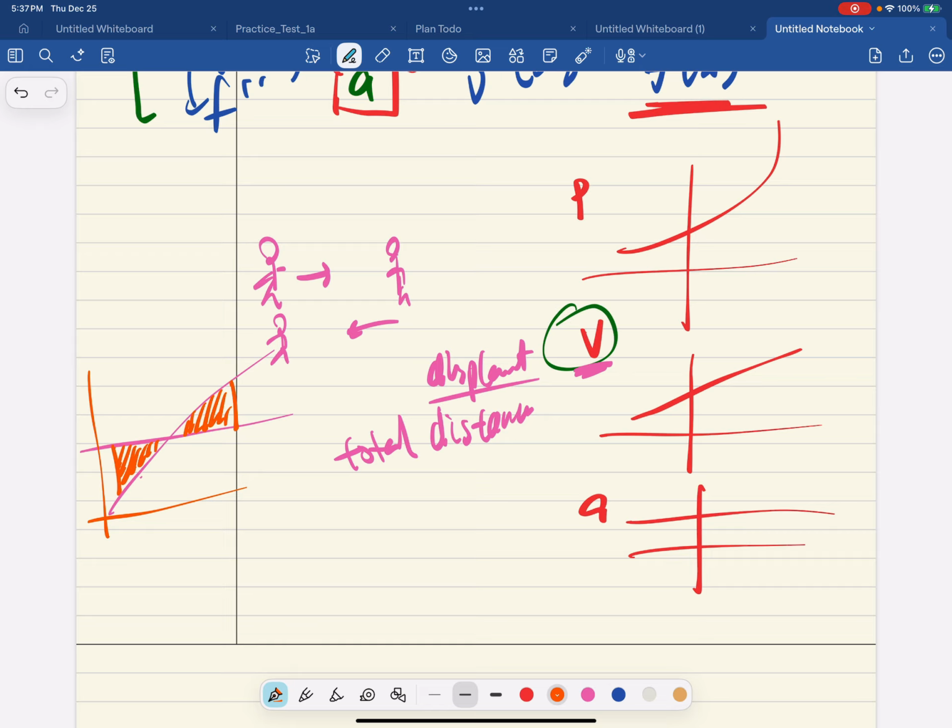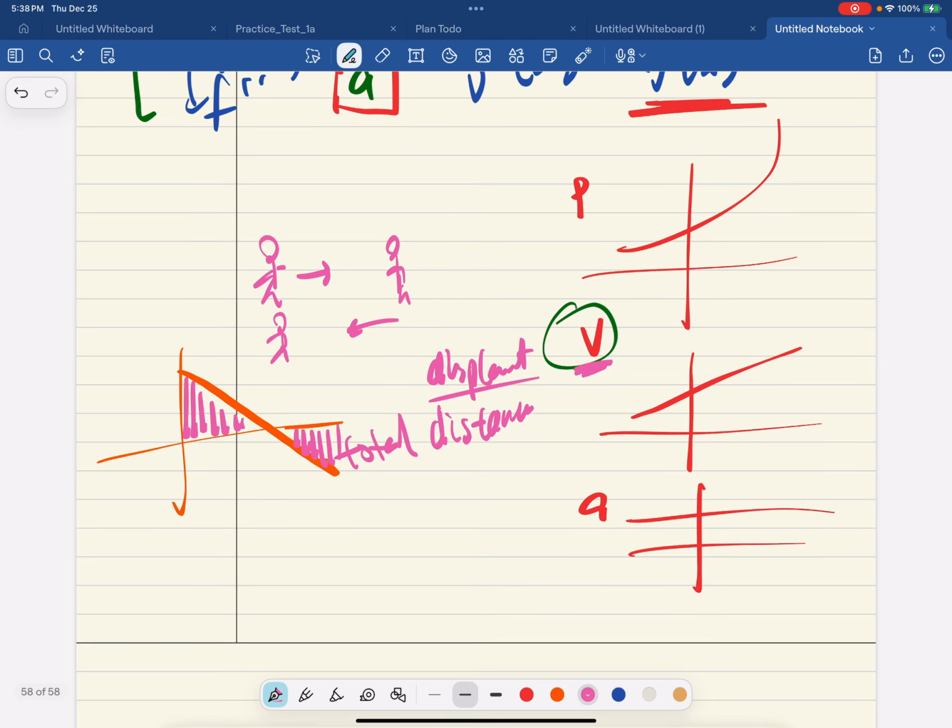Actually, that should be the opposite. All of that should be the opposite. Let's say it's like this. That's more realistic. There is a positive area that they walked forward, and there's a negative area that they walked backward. That will add up together, which is the 0 to 5.